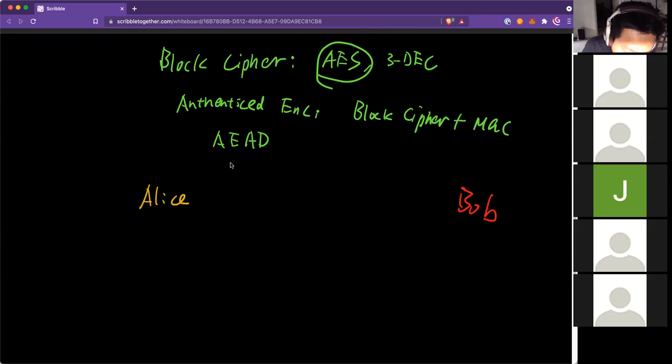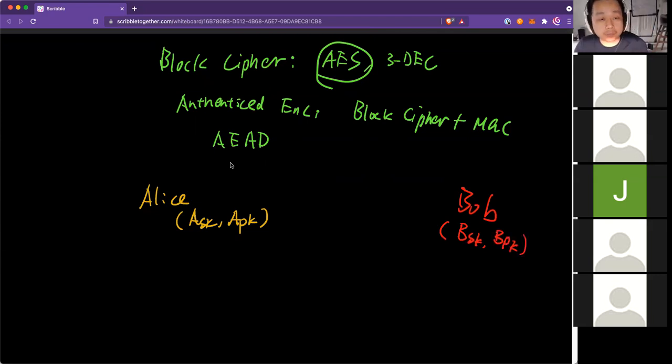I'm showing their key pairs: ASK, APK, and BSK, BPK. Alice wants to encrypt the message such that only Bob can decrypt.